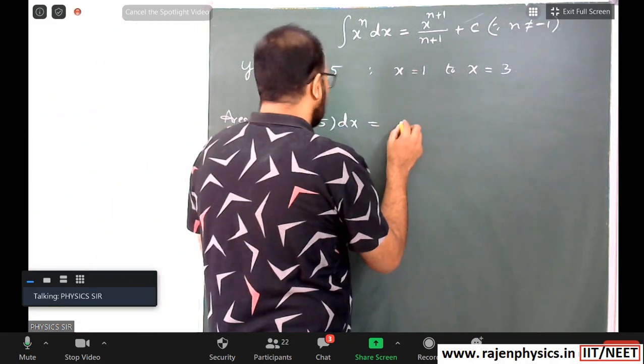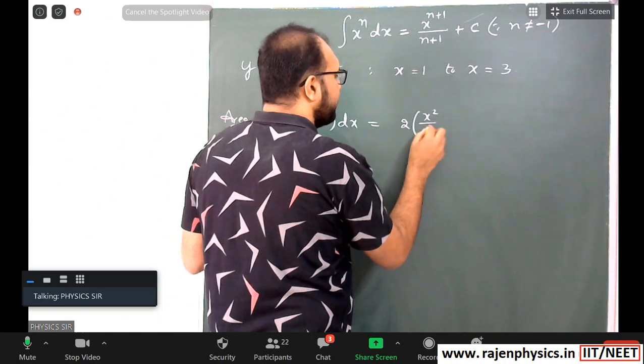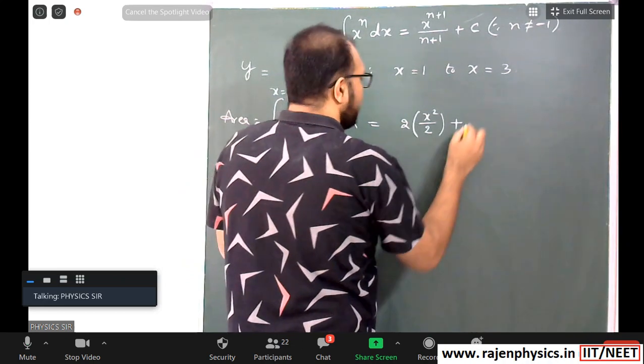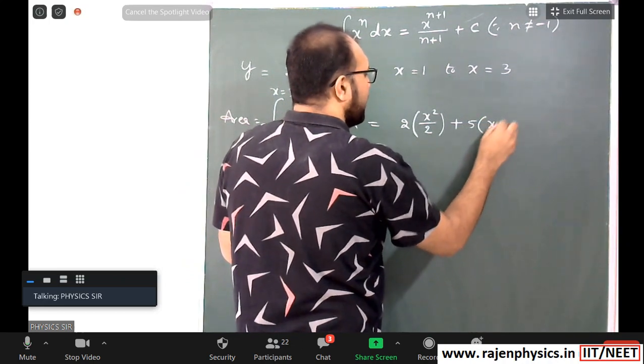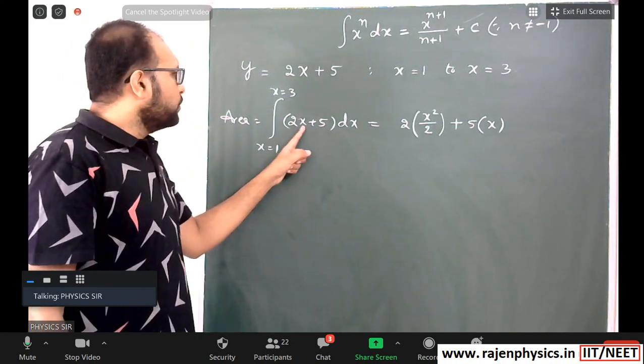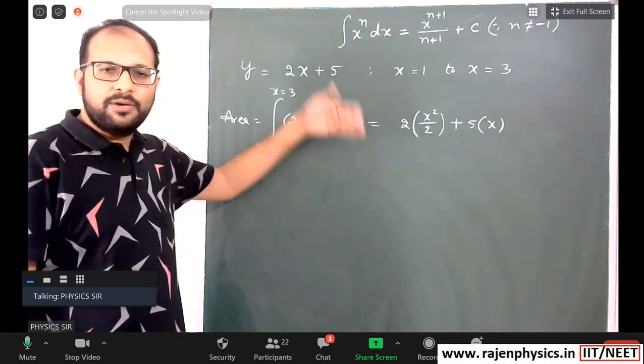First, 2 into x square by 2, plus 5 into x. So 2x square by 2 plus 5x, this integration I just completed previously.